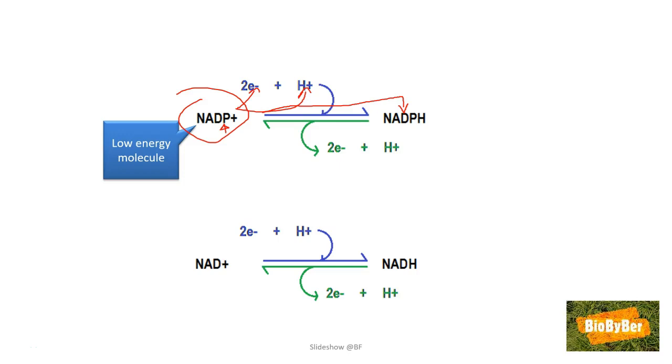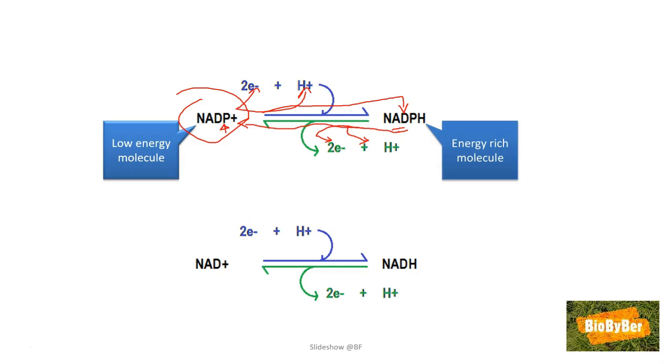NADPH is a high energy molecule. Now the reverse can happen as well. The NADPH can lose 2 electrons and lose a proton and will be converted into NADP+, which is what you had in the beginning.